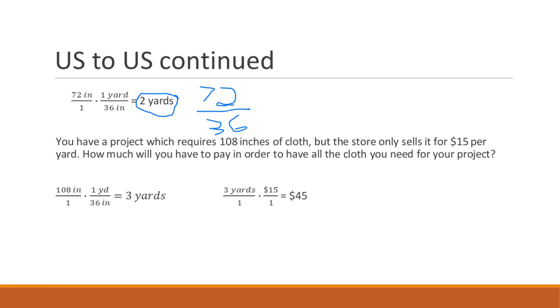So you would find a conversion factor for inches to yards, right, which we have here. And if you set up 108 inches over 1, like we've been doing, and you said, okay, I know that I'm going to get rid of inches, so I put inches on the bottom, and I want yards. I end up with 108 over 36, which equals 3 yards, right?